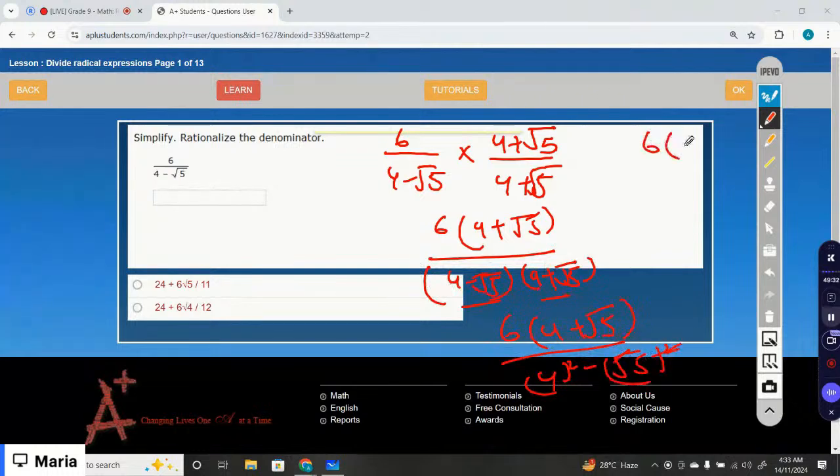So that is 6 times 4 plus square root 5 divided by 16 minus 5. So 16 minus 5 is 11. That is 6 times 4 plus square root 5 divided by 11.